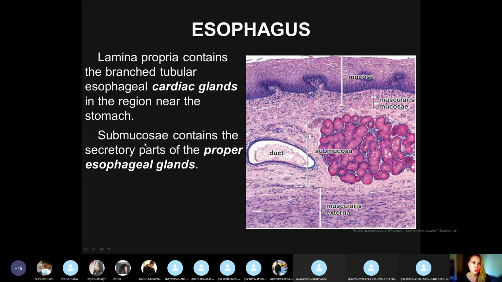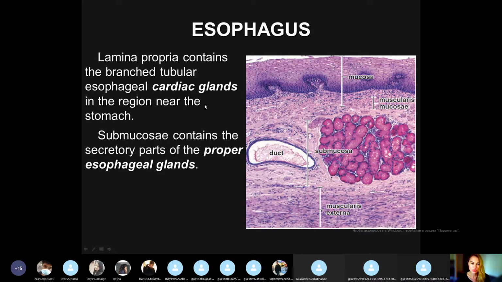Also, if we look into lamina propria of the tunica mucosa, we can see in the cardiac region of the esophagus, which is the distal part where the esophagus borders the stomach, the cardiac glands.